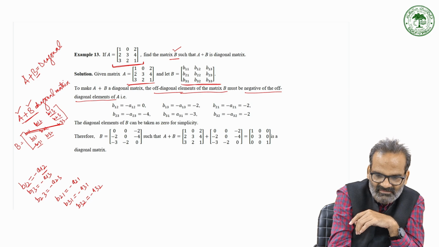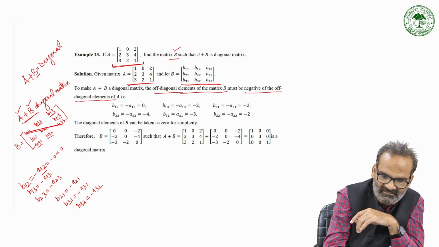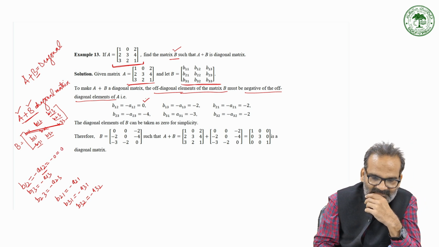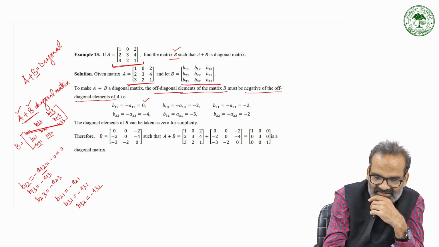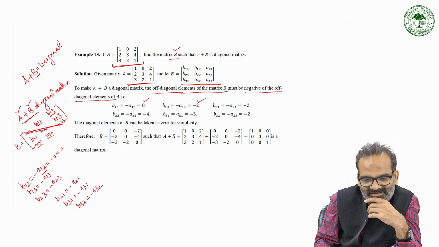See, this is A11, A12 is 0. So B12 is equal to minus 0, which will be 0. Clear? This is how we calculate this. Now B13 should be equal to minus A13. A11, A12, A13. A13 is 2. So it should be equal to minus 2, right?